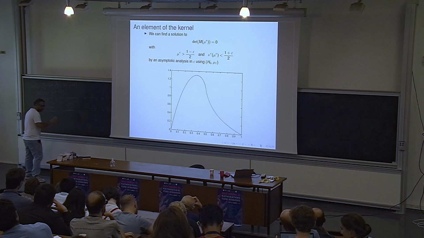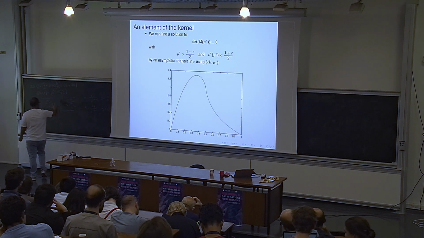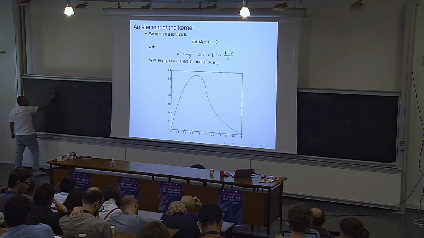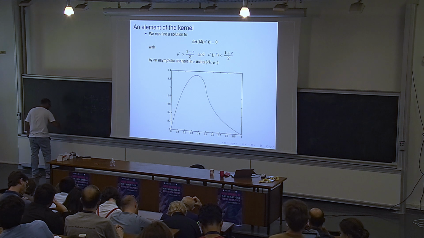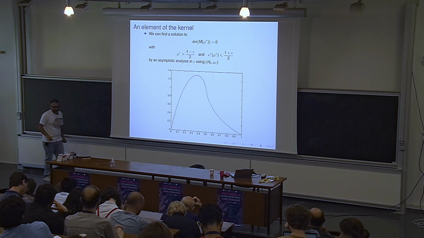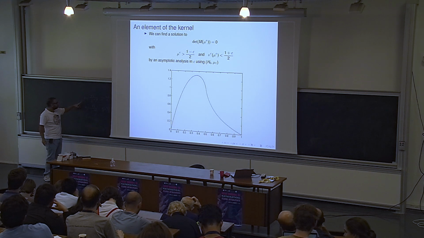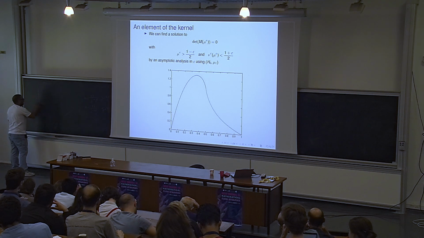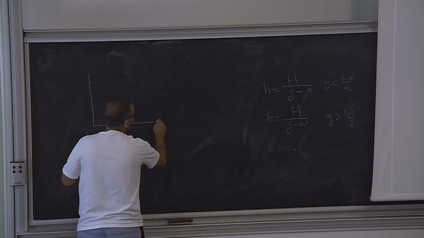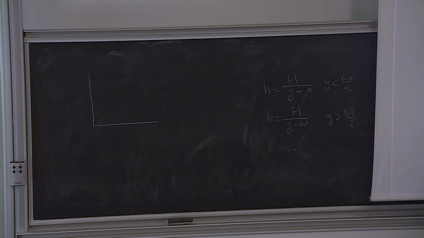Let me just say something about these solutions. If you look here, actually we don't want to find capital H, we want to find this small h. And capital H0 is going to be something like that.